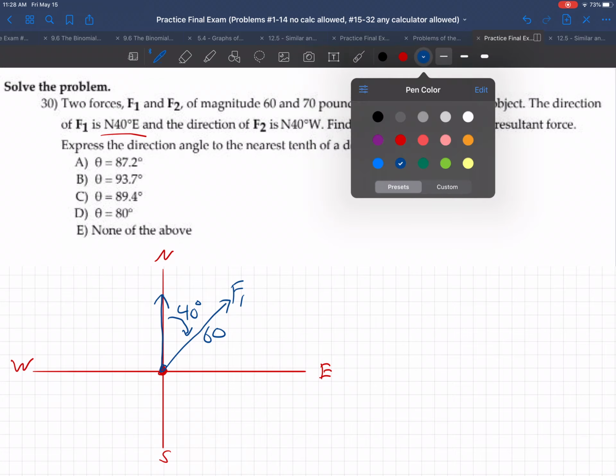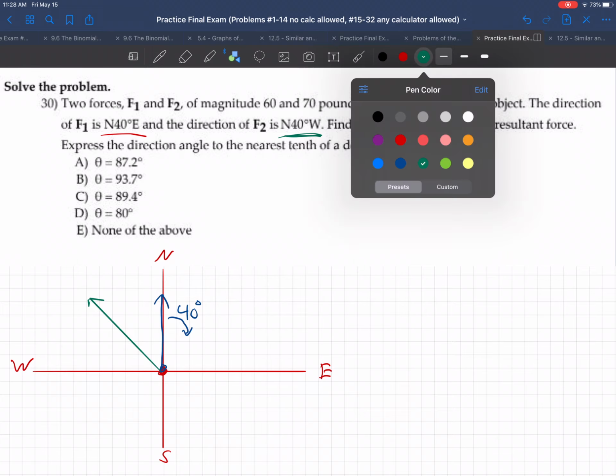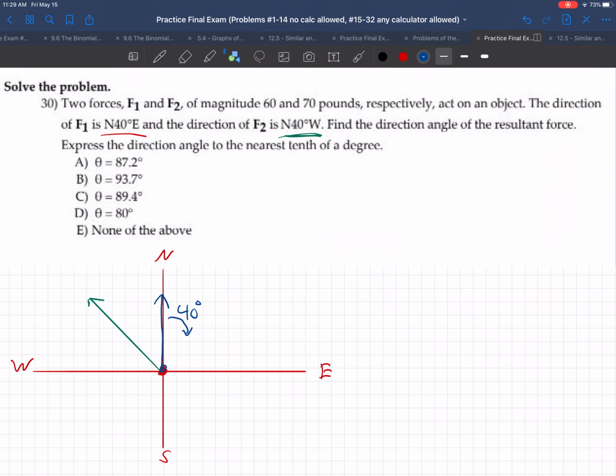The second one is what? It is north, but 40 west. So straight north, but 40 to the west. And that one's going to be a little bit longer. Let me back this up.